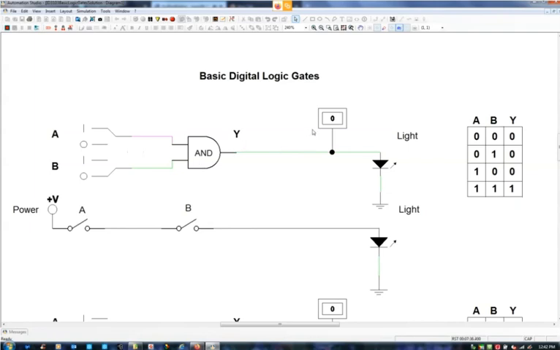We have a little logic probe on the output that is indicating whether we have a high or low. And right now it's still low. Our LED light is dark. And when I hit the other switch, it changes state. So we're actually turning our light on.